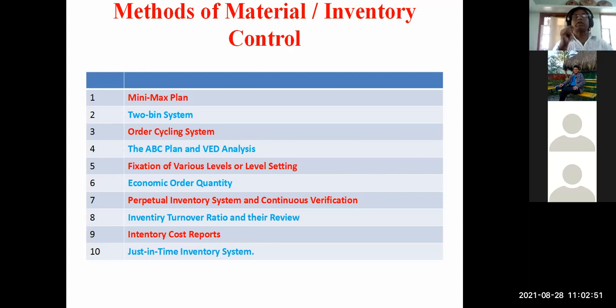So please remember, these are the methods. These are available in the book also. Against each method, you write 3-4 lines, and this will be a big note for you. And we shall take these items practically, one by one, in depth. This was a brief description of all the methods of material or inventory control system.